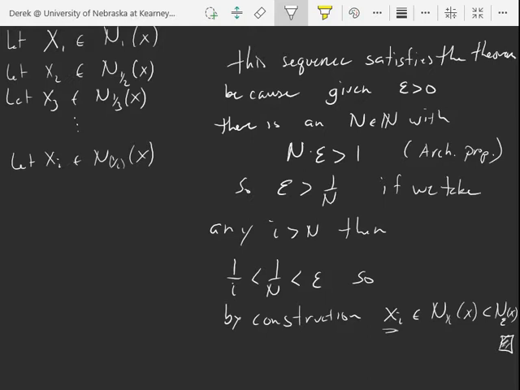So for any limit point of a set, we can come up with a sequence also inside that set that approaches that limit point. We don't have a formal definition of what it means for a sequence to converge yet, but this is going to be how we define what we mean by a sequence converging.